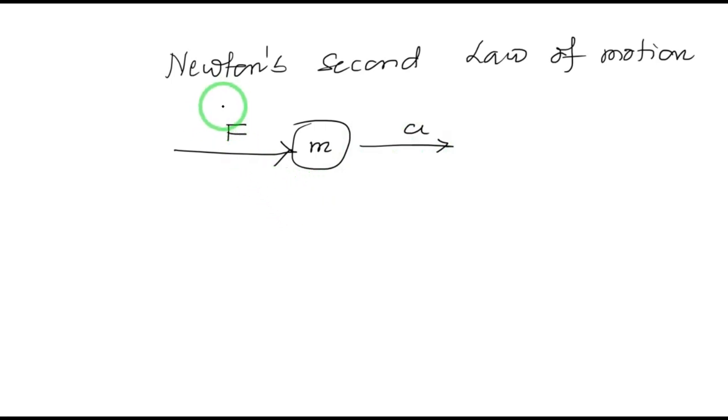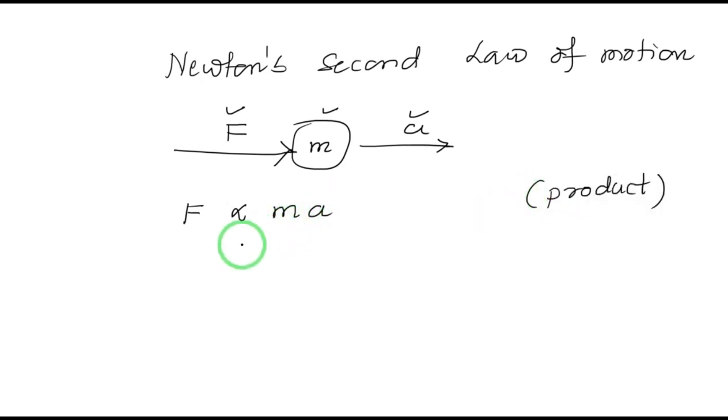That is, if the force F is applied on a body of mass m, and if the body moves with an acceleration of a, then F is directly proportional to mass into acceleration, that is the product of mass and acceleration.